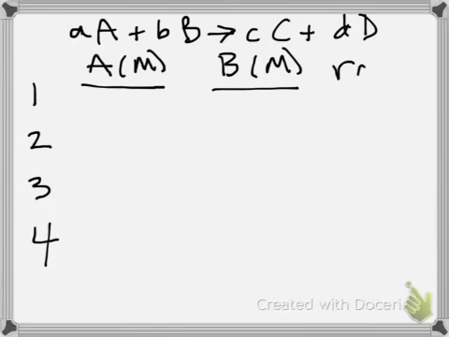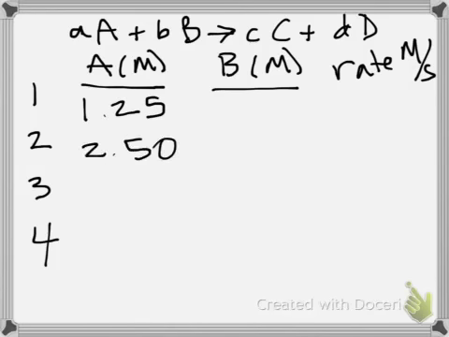Okay. So here is the information I have. Here are the concentrations of A in each of these experiments: 1.25 molar in the first, 2.50 molar in the second, 2.50 molar in the third, and 3.47 molar in the fourth.